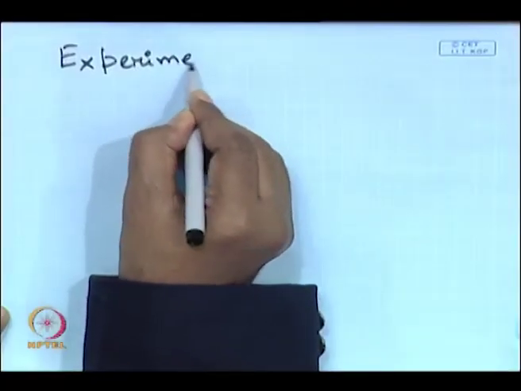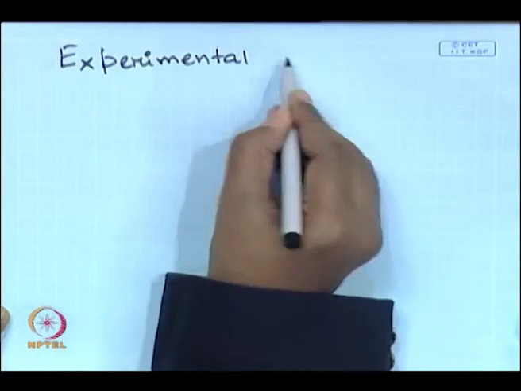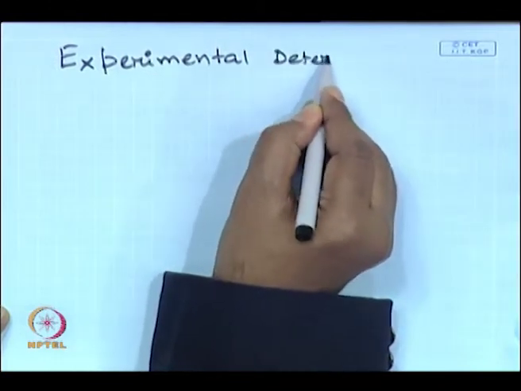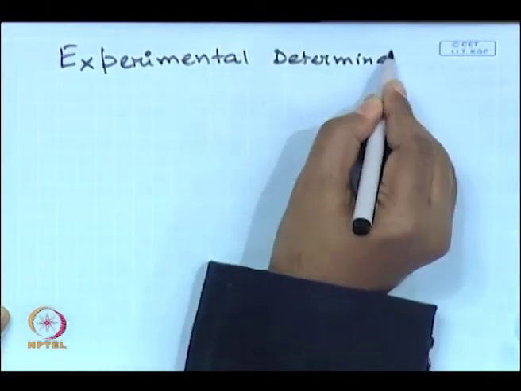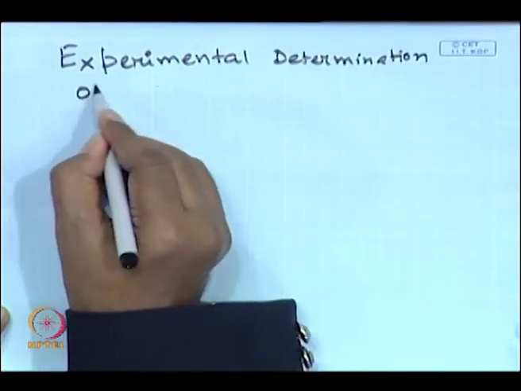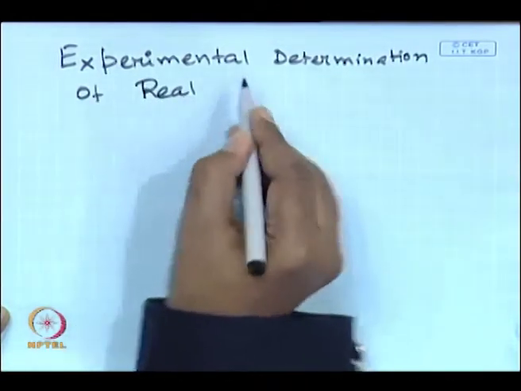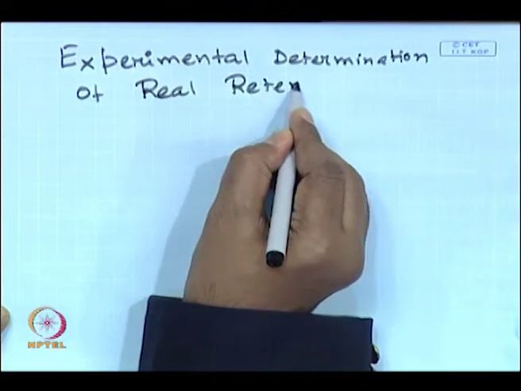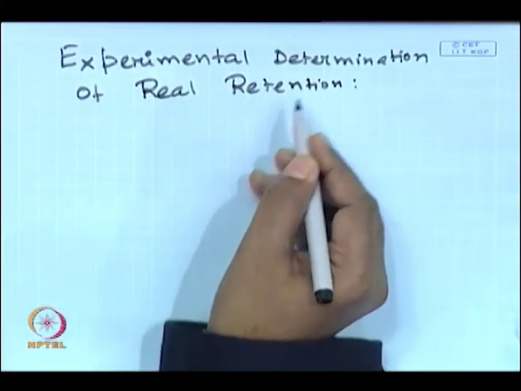Now, the second quantity, the real retention: experimental determination of real retention is a bit complicated. Okay.